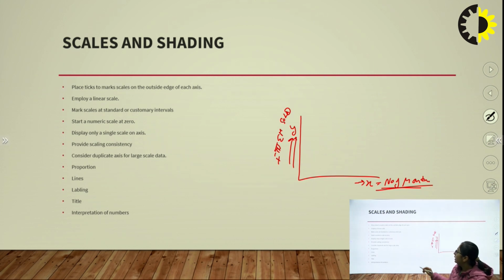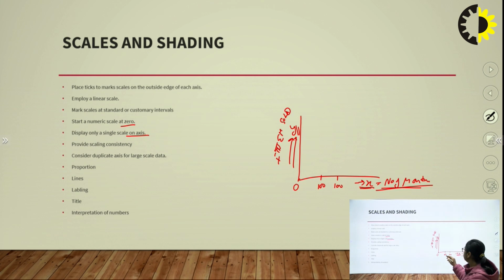Next, start a numeric scale at 0. We have to start at 0 based on whatever data we have. If we have a large amount of data, we will divide it into 100s. If we have thousands of data, we use 1000, 500, 600, based on whatever data we have. Next is to display only a single scale on an axis. On one axis we use one scale, and on the other axis we use another scale.